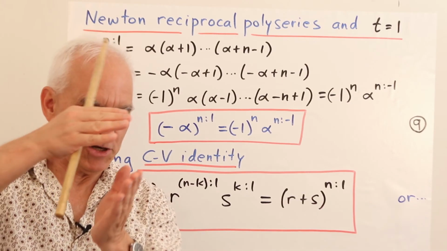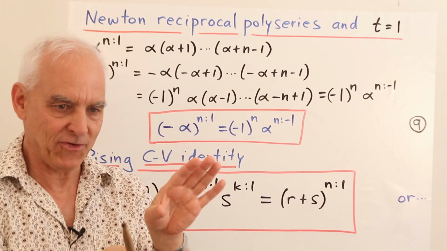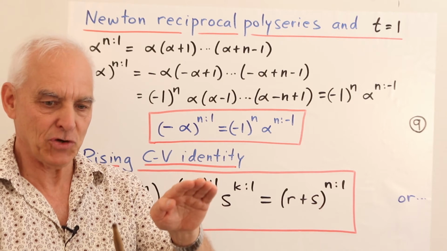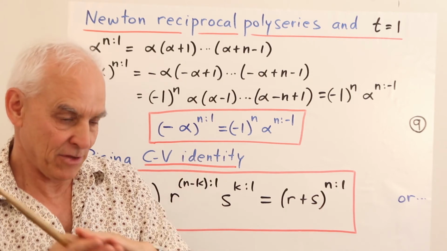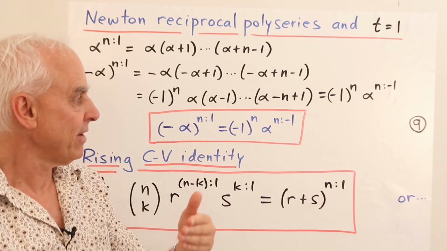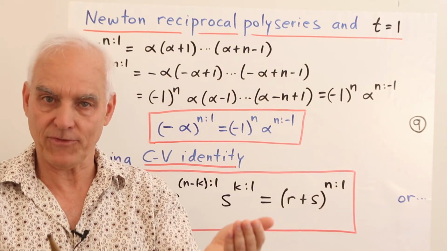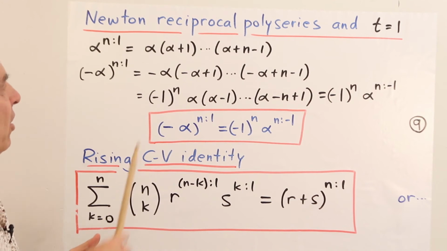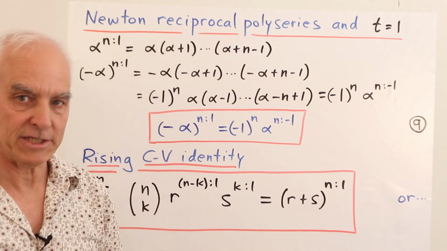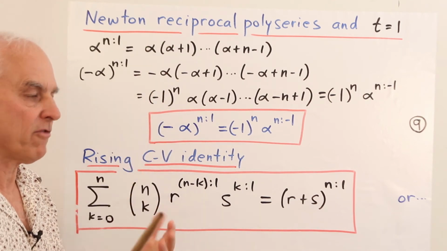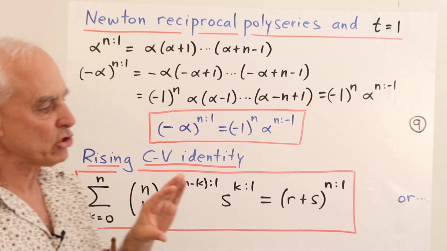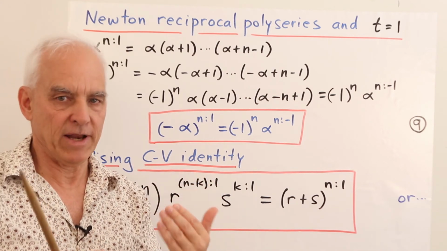So now we've completed 2 out of our 3 aims. We've covered the first 2 of these identities. There's still the third one corresponding to t equals plus 1, involving the rising powers. Okay, so we're going to call these the Newton reciprocal Pauli series. And again, we're going to see a new kind of Pauli series come up. But it's actually not as new or different as the exponential is.